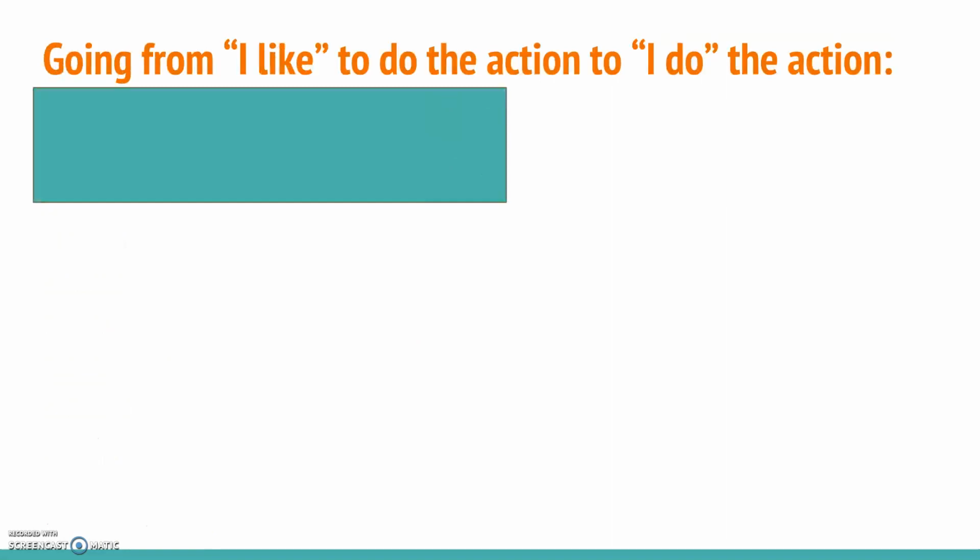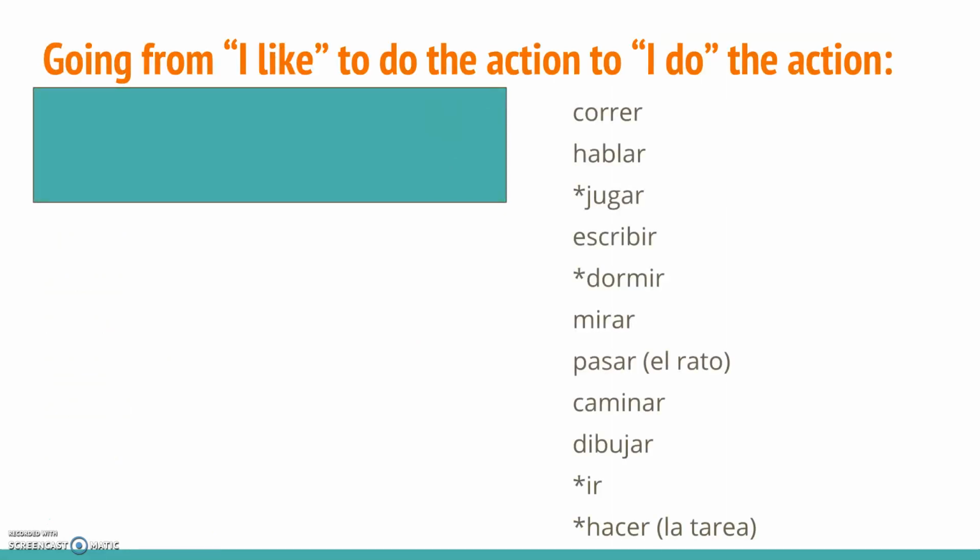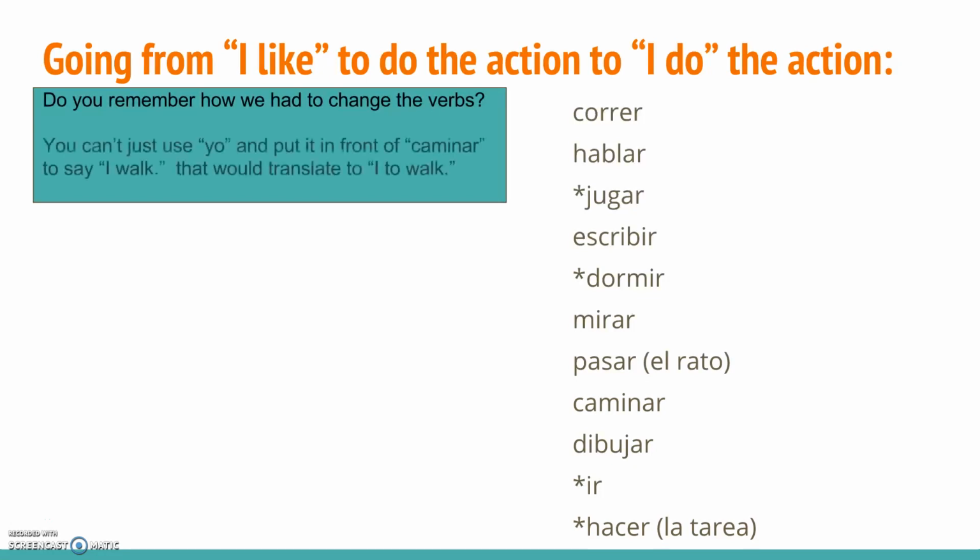So then we transitioned from saying I like to do the action to saying that I actually do the action. Do you remember what we had to do to change these verbs? We talked about you cannot just take the word yo, which means I, and put it in front of the word, such as caminar, to say I walk.